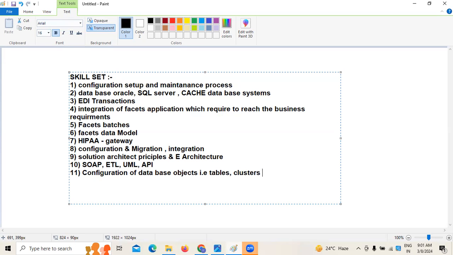And indexes, views, etc. These all come under the configuration of database objects, so this is also required.